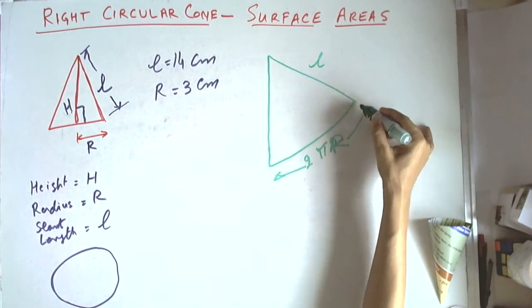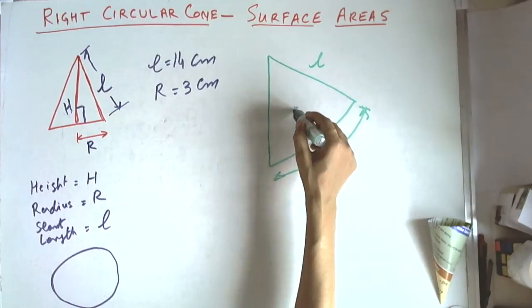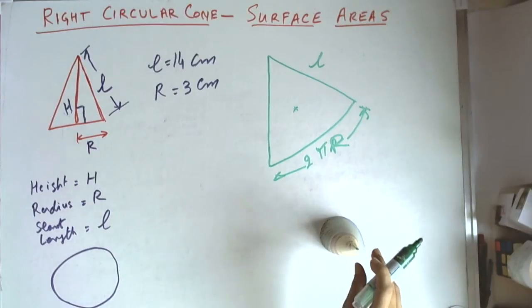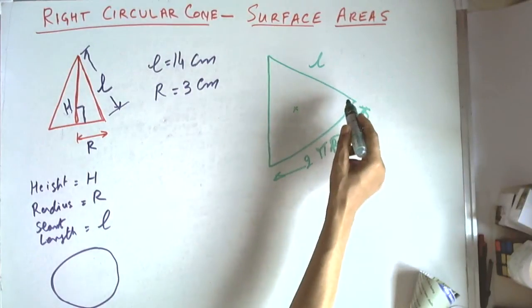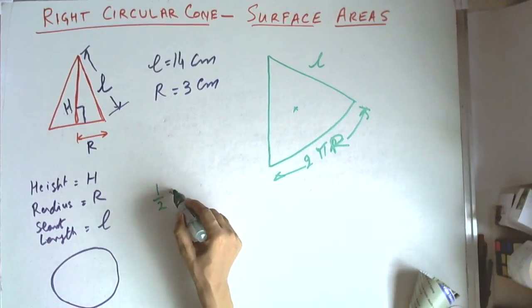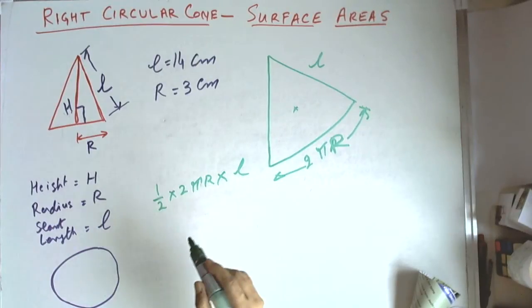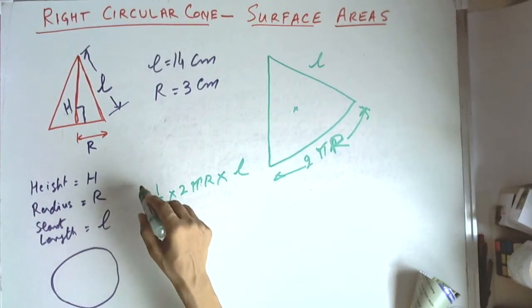Now the area of this shape is the area of the curved surface, because we have used the same cardboard to make the cone. This is like length and this is like breadth, it's like a triangle, and the area of this is half into 2 pi r into L. So this is the surface area of the curved surface of the cone.